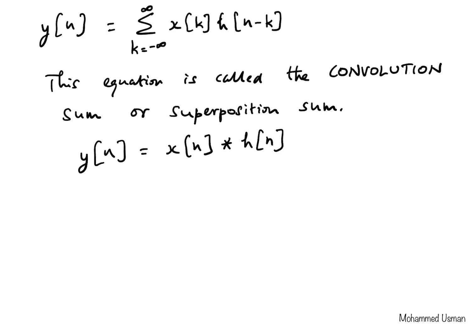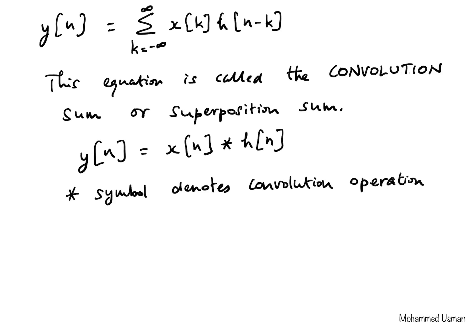So the star symbol denotes the convolution operation, and this is an important operation in signals and systems as well as in signal processing.